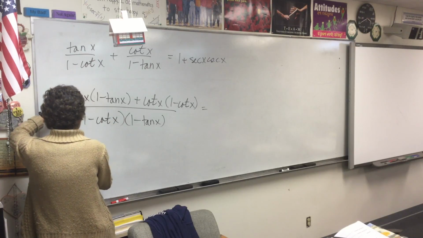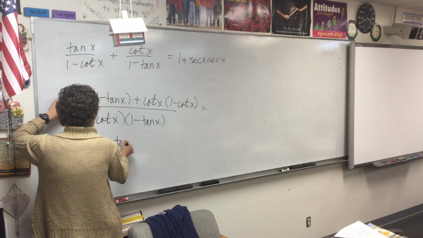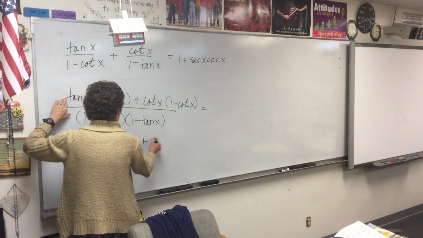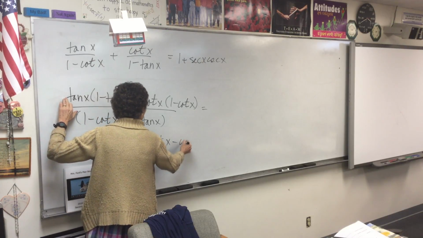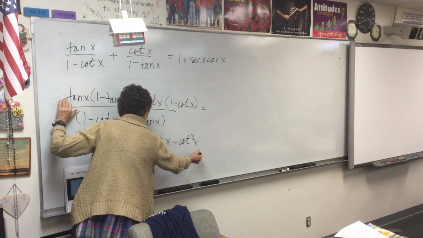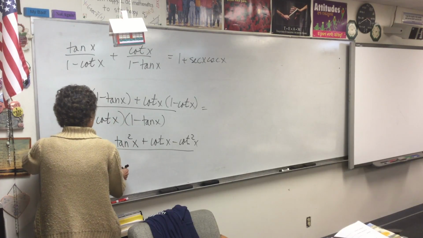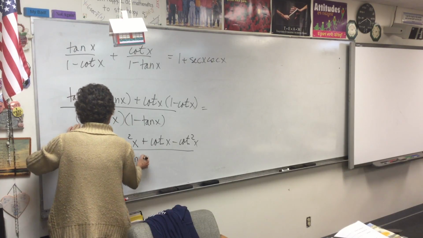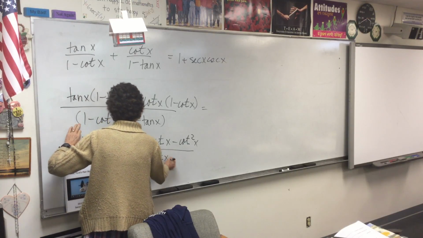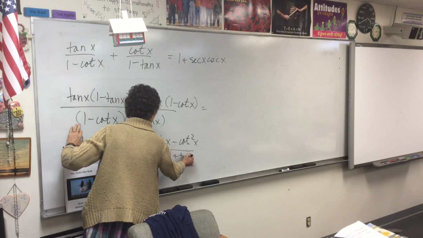So I'll have tan minus tan squared plus cotan minus cotan squared over, FOIL that out, 1 minus tan minus cotan plus tan cotan.